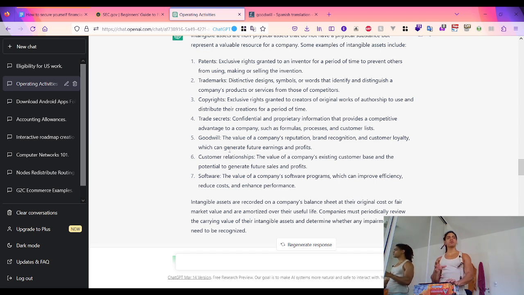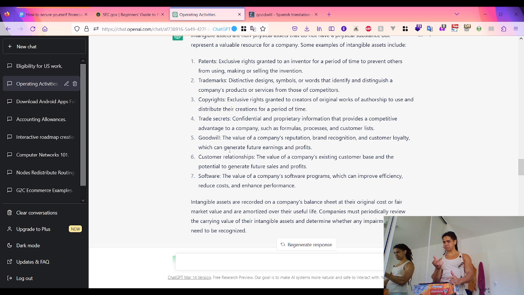Okay, so again, all of these are intangible assets, right? Assets that even though they cannot be touched, they provide value. Patents, exclusive rights granted to inventors for a period of time, so no one else can use, make, or sell that invention.